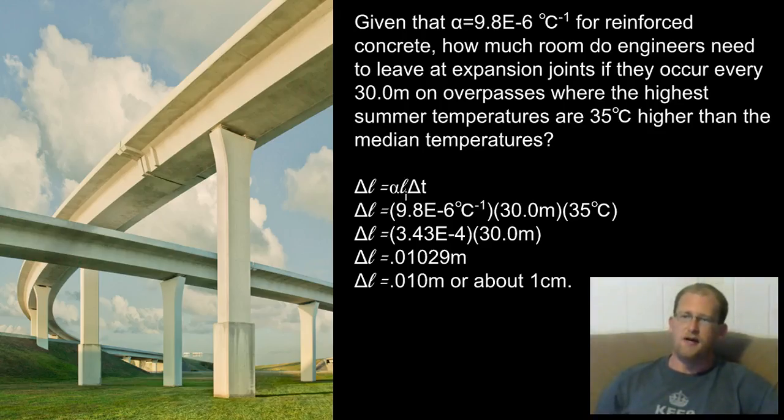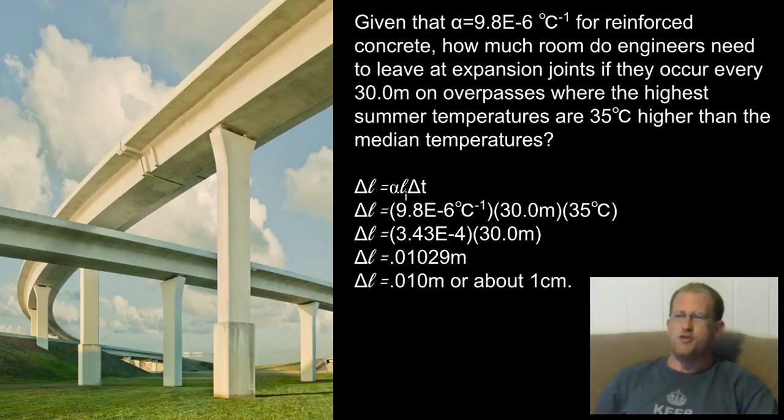Here's an example of how this comes into play. So here we have a concrete overpass. Given that alpha for concrete is 9.8 times 10 to the negative 6, and the unit for alpha is inverse degrees centigrade, and that just is there to cancel out the degree centigrade in the change in temperature, so don't stress about that. 9.8 times 10 to the negative 6th is your value for alpha.